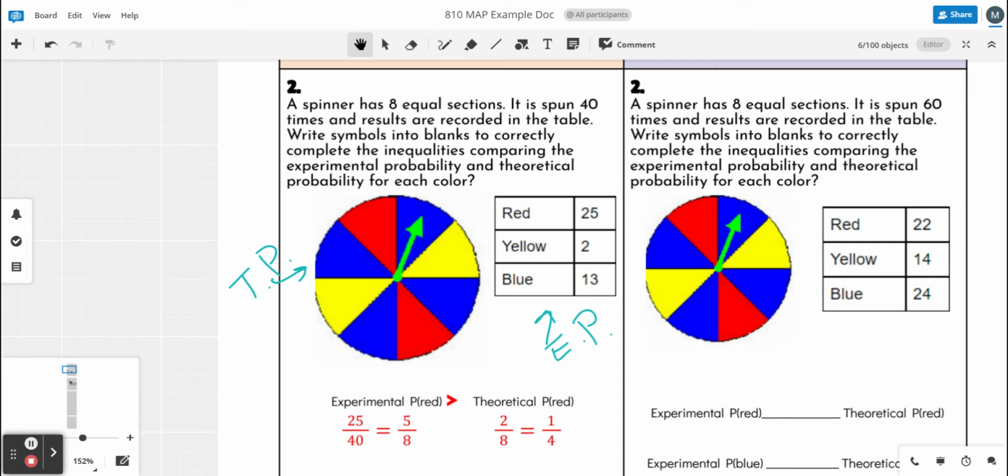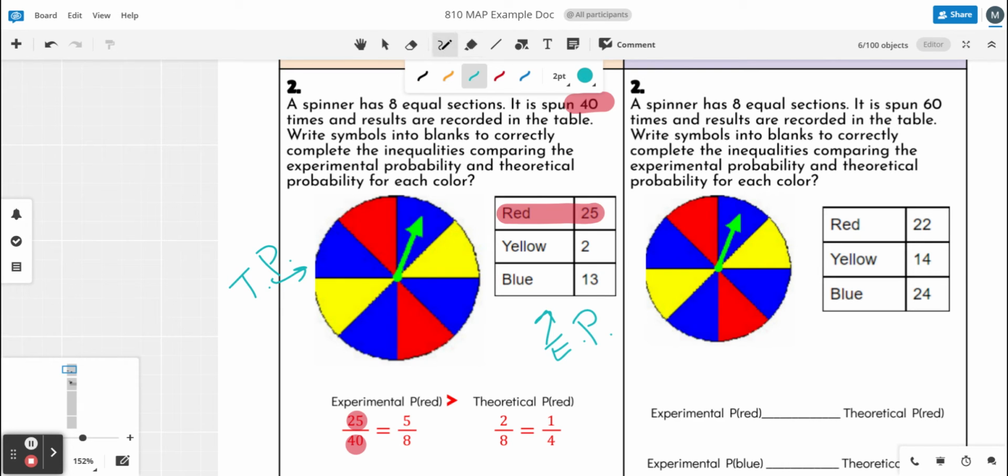The experimental probability pulled from the data in the table is 25 times the spinner landed on red out of 40. This is represented by this fraction here, and it simplifies to 5/8.